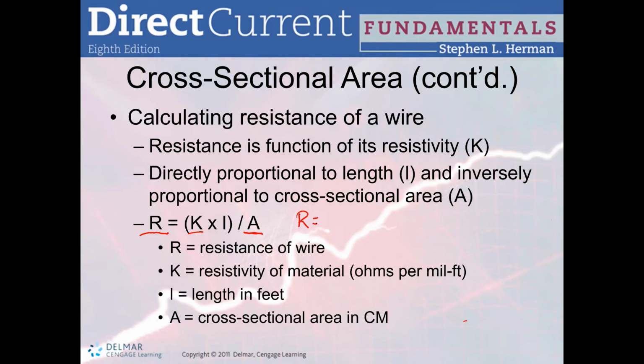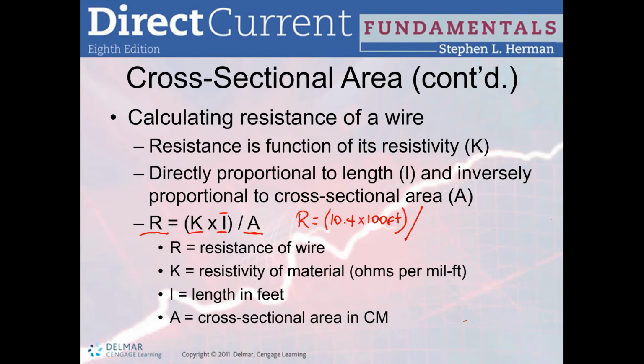Let's say this wire is made of copper, so the K factor is equal to 10.4. L here stands for the length in feet, so let's say we have 100 feet. And let's use a number 14 conductor.